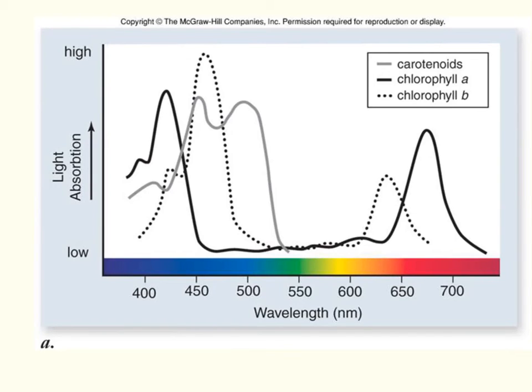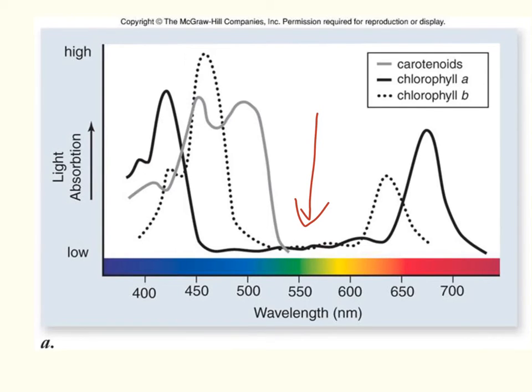But what's most noticeable here is this dip for all the pigments in the green range. And that's why leaves are green, because they're reflecting that green light, and that's what our eyes pick up, while they're absorbing the blues and the reds. It turns out that chlorophyll A is the primary pigment.